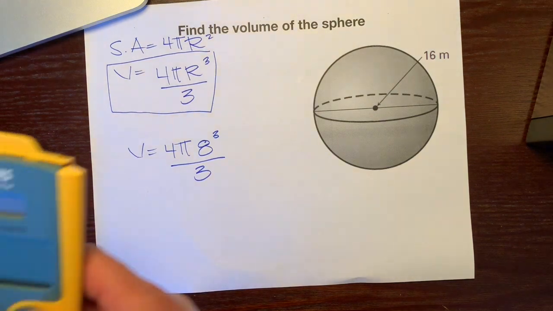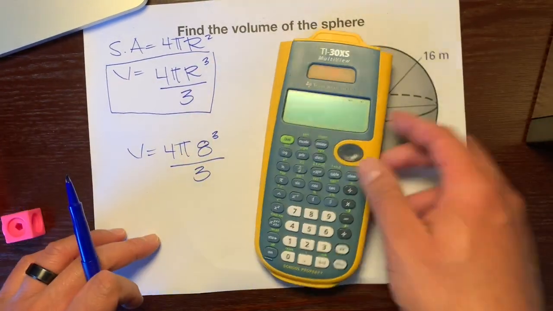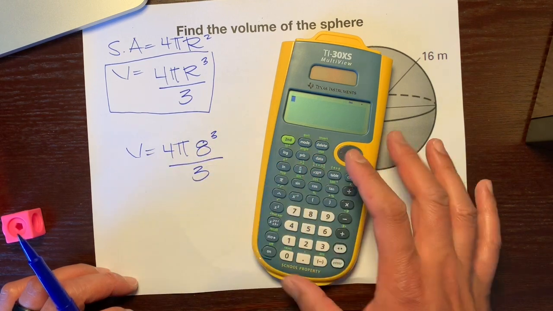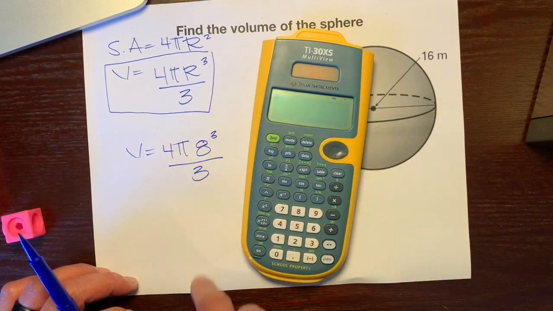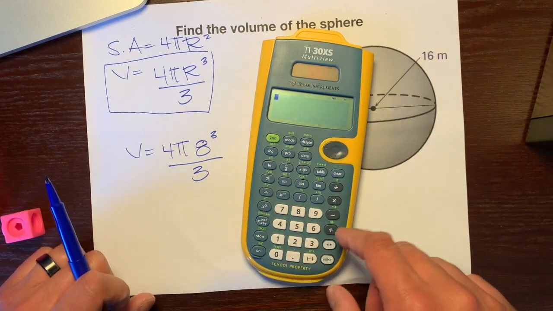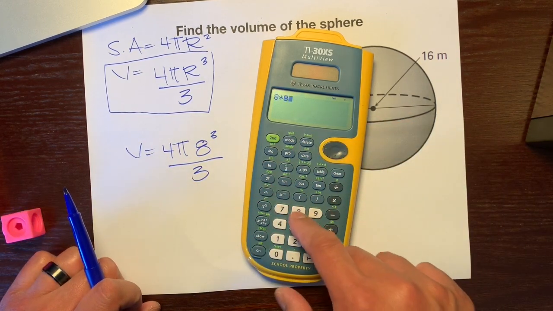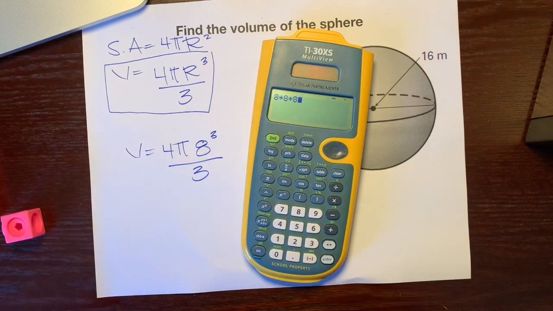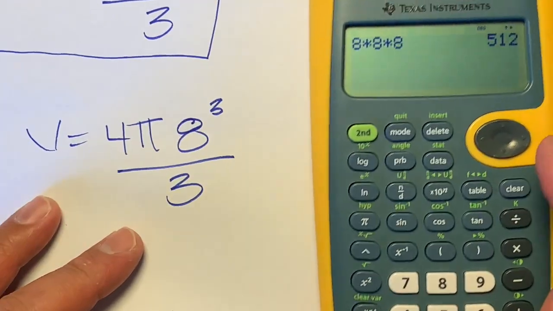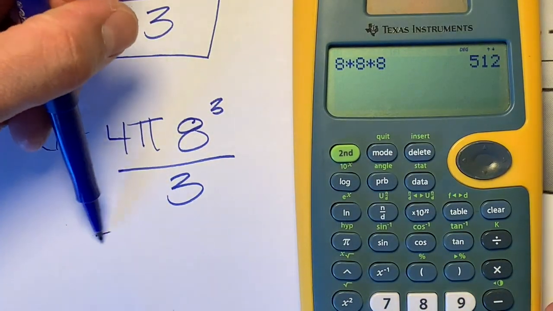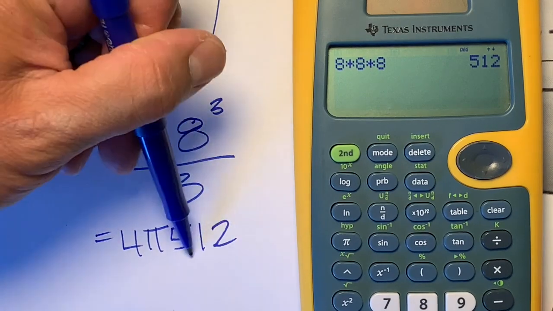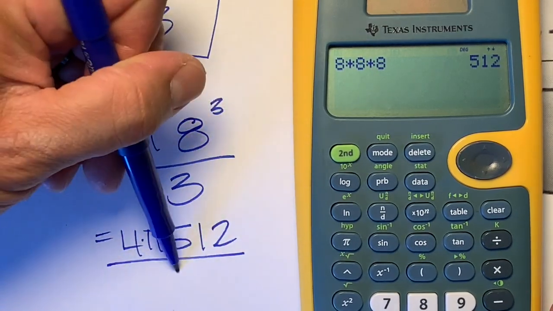And so now we're just going to use some order of operations. So parentheses, no parentheses, exponents, there is. So 8 cubed, it's not 24, it's not 8 times 3, it is 8 times 8 times 8, okay? And that would be 512. So we have 4 pi times 512 over 3.